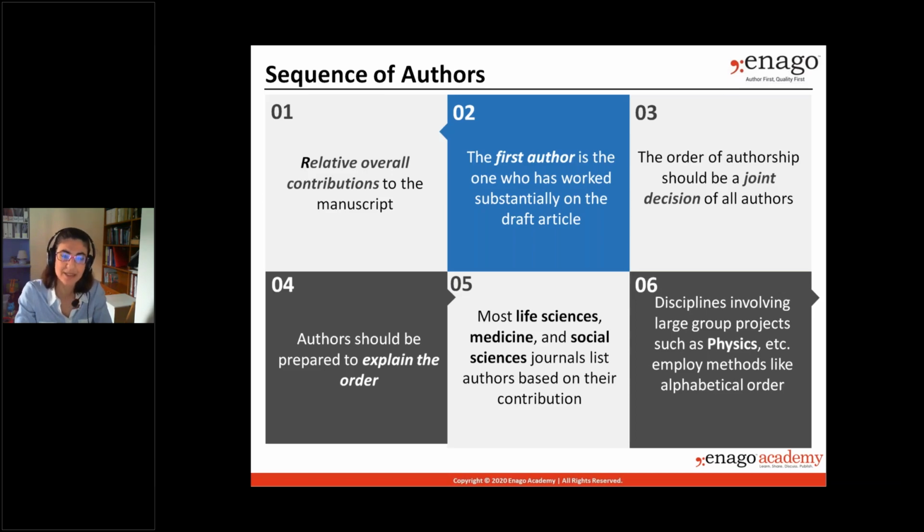However, there are disciplines, especially where very large groups of authors are involved, such as physics, where there are tens or hundreds or over 1,000 individuals, and inevitably in this case the authorship list goes in alphabetical order.